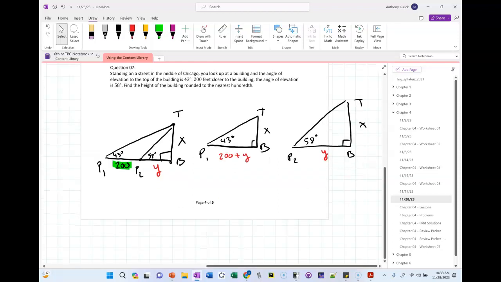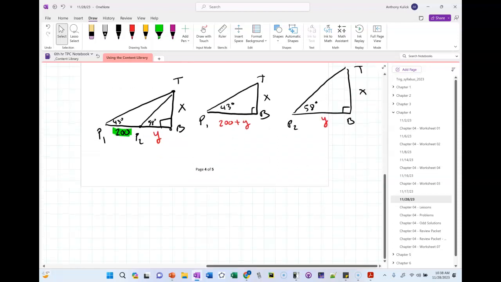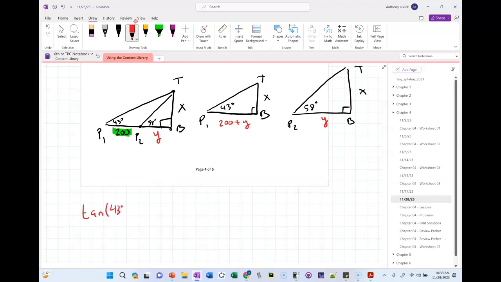And what I'll do now is set up a system of two equations. From the first triangle, I can say that tan of 43 is equal to opposite over adjacent. And with the second triangle, tan of 58 degrees is equal to opposite over adjacent.